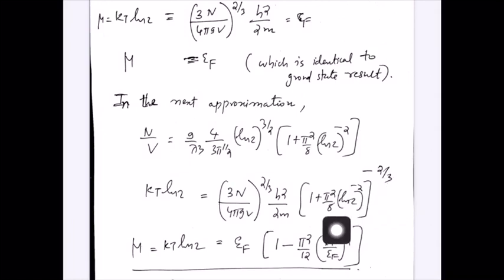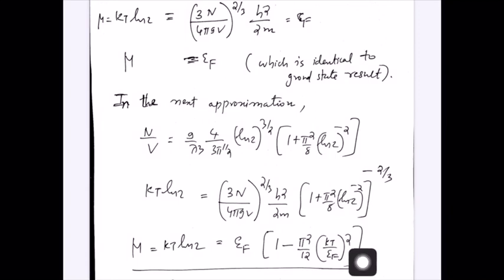Now we are approximating this by taking this minus 2 by 3 here. So 1 minus pi squared by 12, since minus 2 by 3 will be multiplied with this to approximate it. Here I have written kT by epsilon f squared.